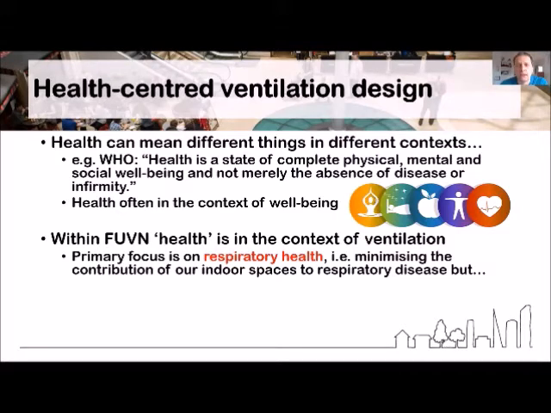So that's really thinking about how we can help advise the conditioning of indoor environments to minimize respiratory disease.